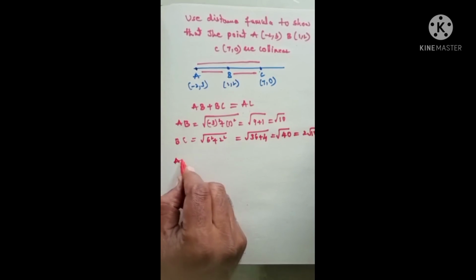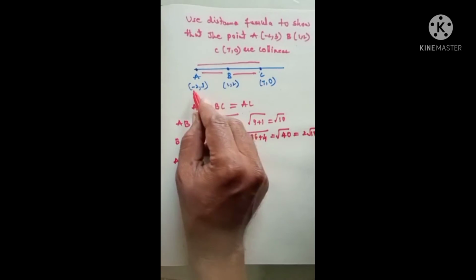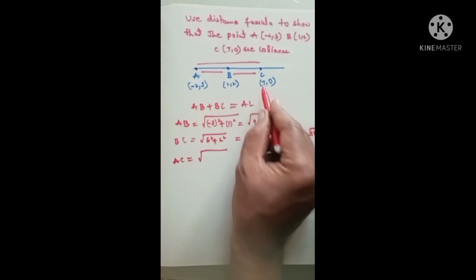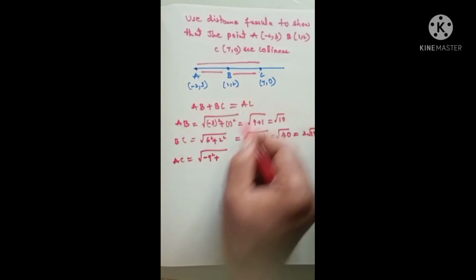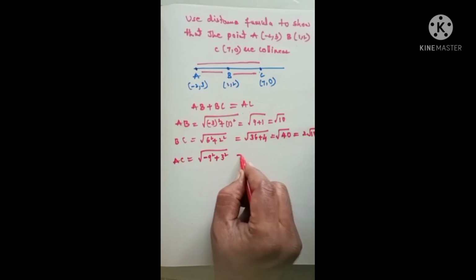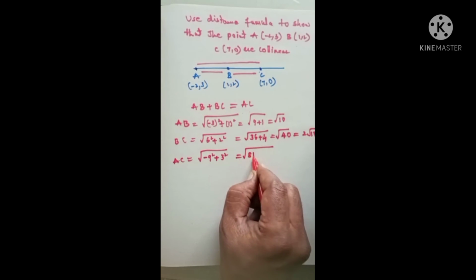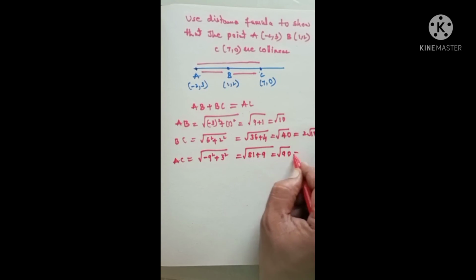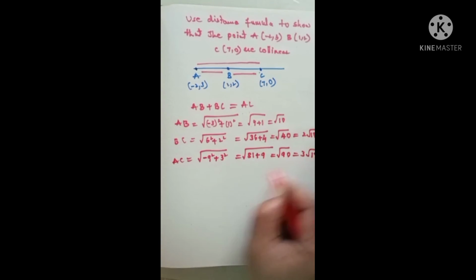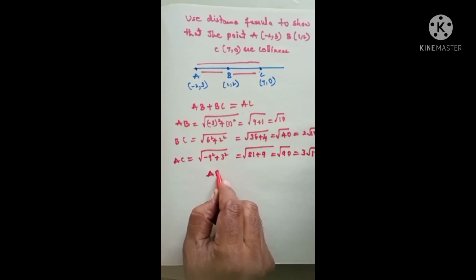Next you find AC. AC is equal to minus 2 minus 7, that is minus 9 whole square, plus 3 minus 0 means 3 square. So that is equal to under root of 81 plus 9, so you will get root 90. This root 90 I can write 9 into 10, this is 3 root 10. Now you find AB plus BC.